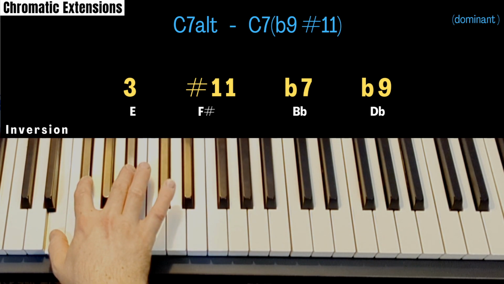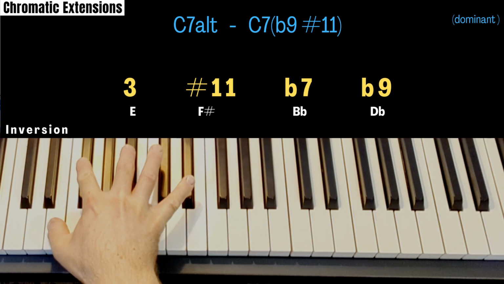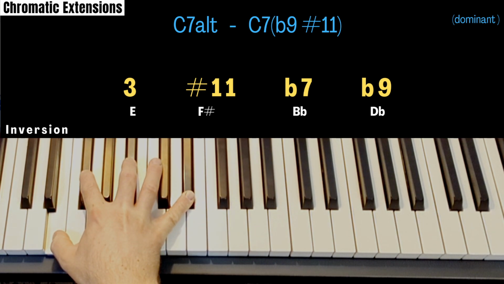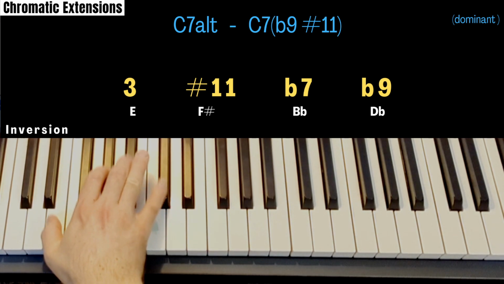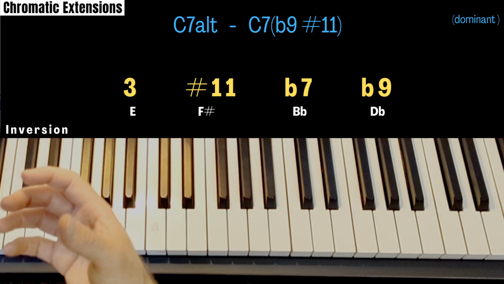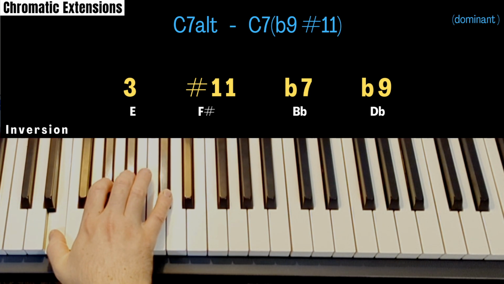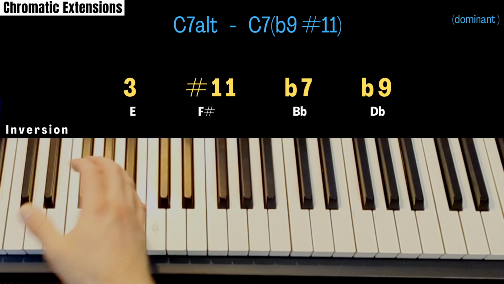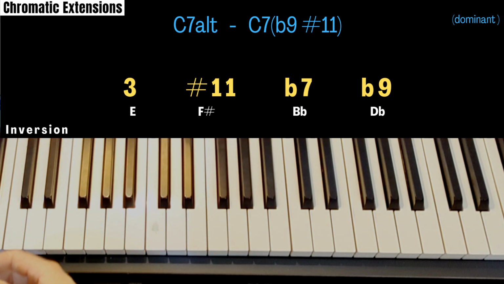Now there's no reason why you can't mix and match those. So I could have flat 5, sharp 9, or I could have sharp 5, flat 9. It all creates that same effect of an altered chord. It's creating all that chromatic extension tension.